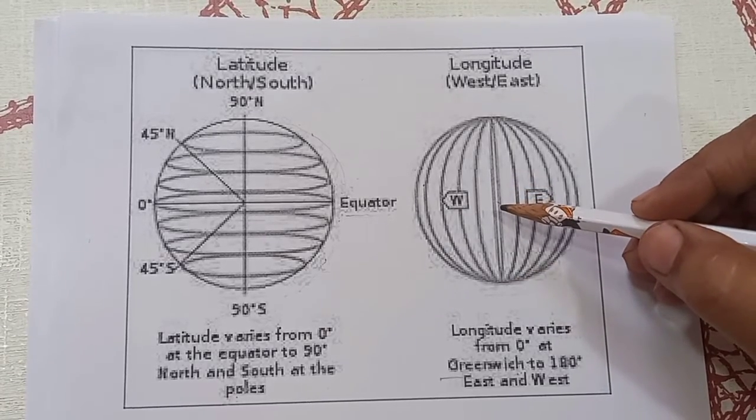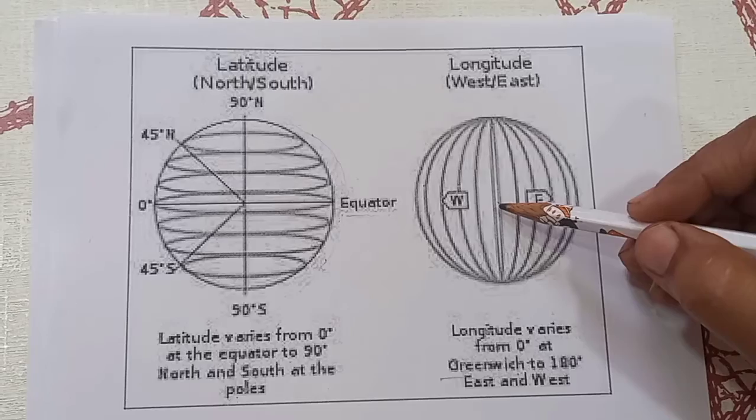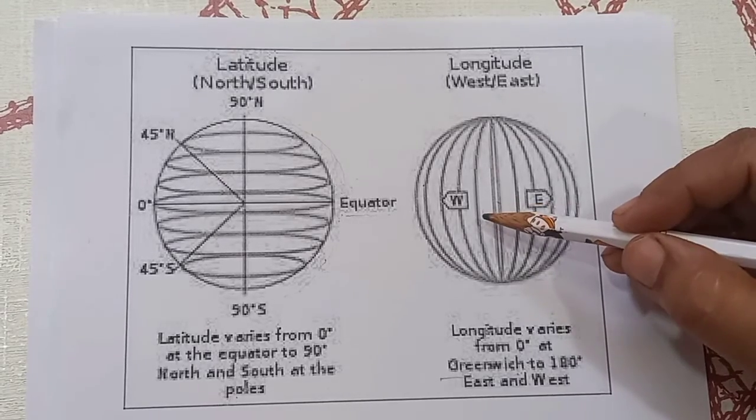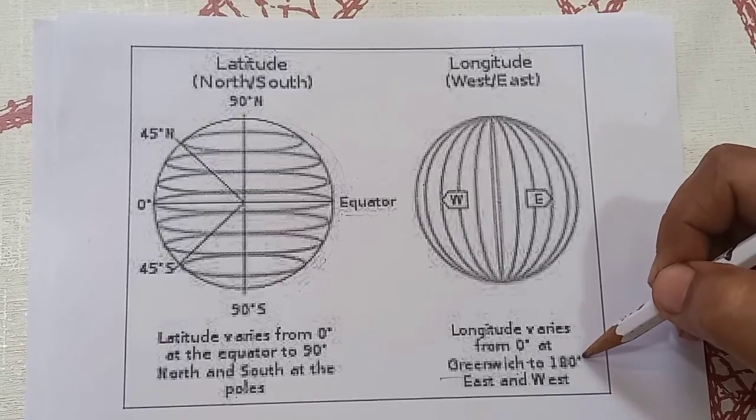At 0 degrees, Greenwich meridian, as we move towards the west, the longitudes are denoted 1 degree west, 2 degrees west, and so on till 180 degrees west.